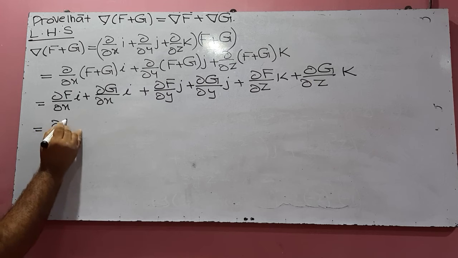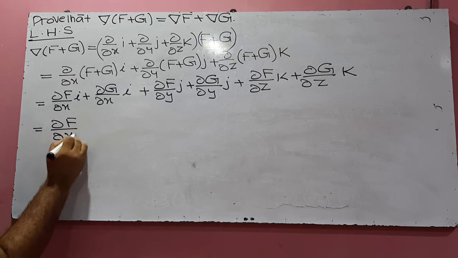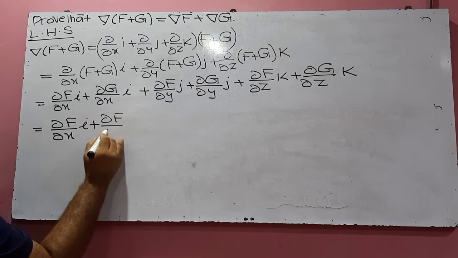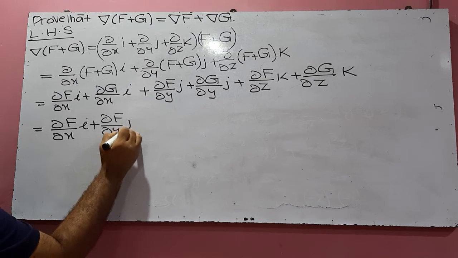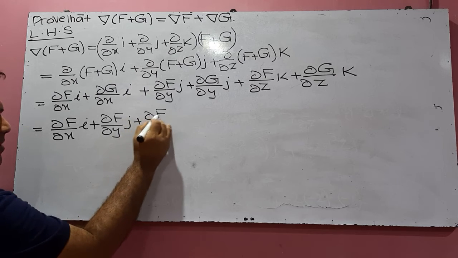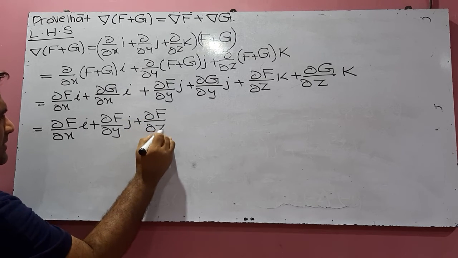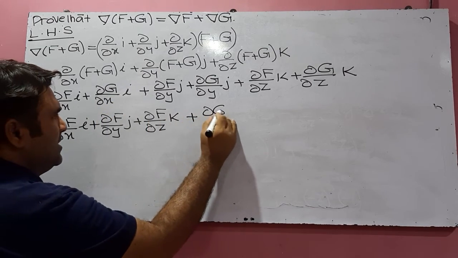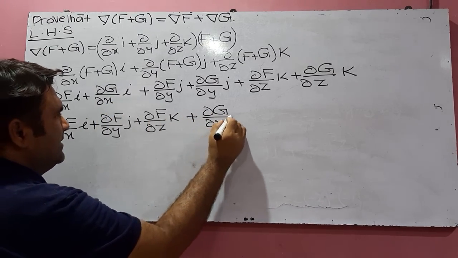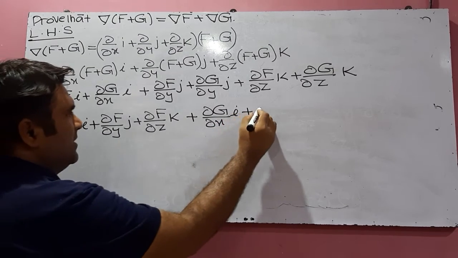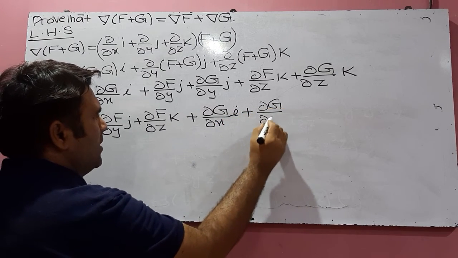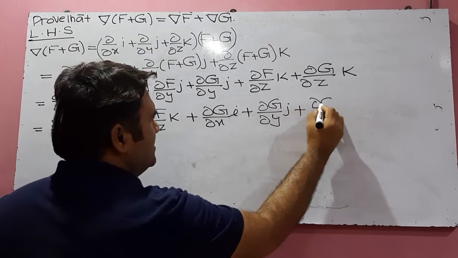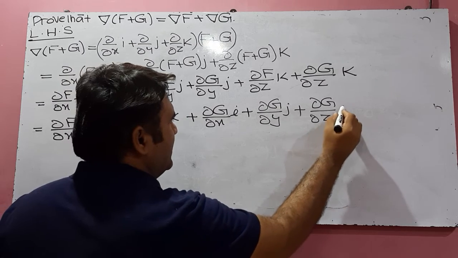So df over dx i plus df over dy j plus df over dz k, plus dg over dx i plus dg over dy j plus dg over dz k.